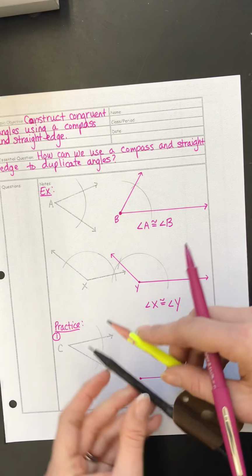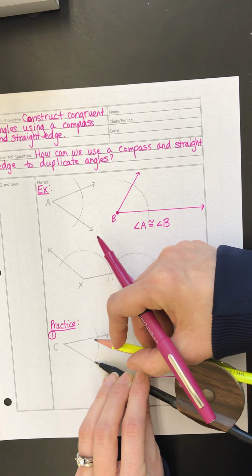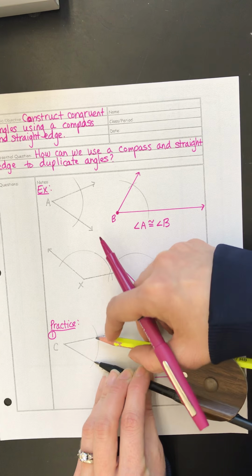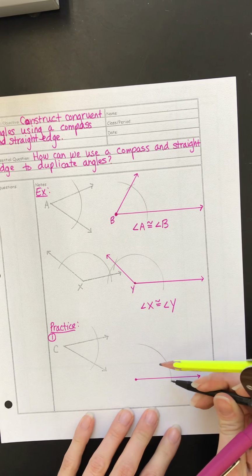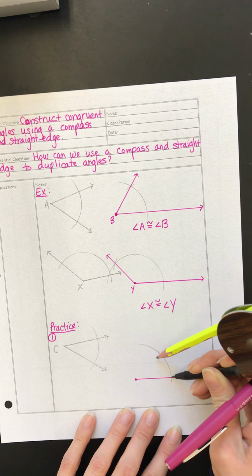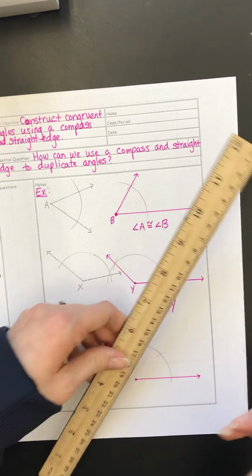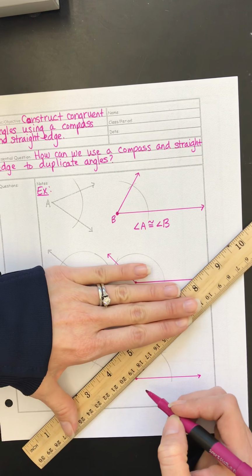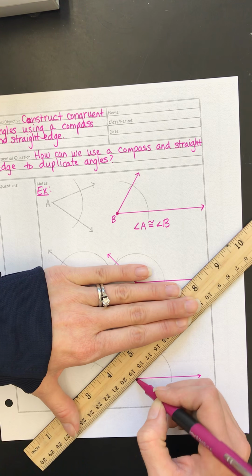I'm going to measure the length of the arc from one side of my angle to the other. Then I'm going to come over here and make a mark on my arc right here. Then I'm going to take my straight edge and connect the end point with where it crosses right here.